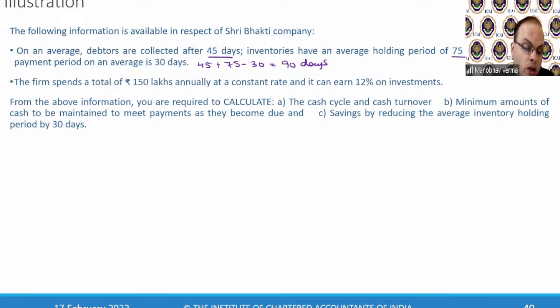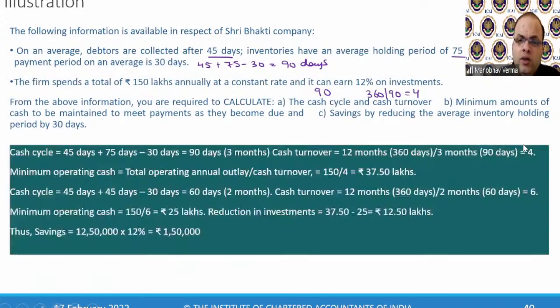Sandeep says 4. So cash turnover is similar to what we talk about elsewhere: how many cycles we have in a year. If we have a cash cycle of 90 days, we are looking at a cash turnover of 360 upon 90, that is 4. Good job, guys. I can see 2 or 3 responses talking about 90 days and a cash turnover of 4. So we are looking at 90 days and a cash turnover of 4.